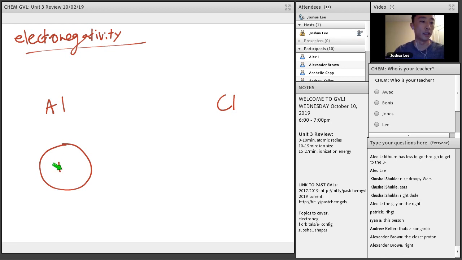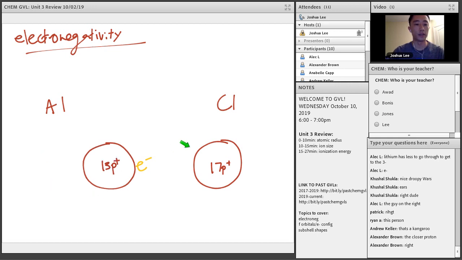Aluminum has 13 protons, and chlorine, similarly, will have 17 protons. So size doesn't matter in this case as much. Granted, chlorine is still smaller, but let's pretend. So here's an electron. It could get about this close, and then this one could get about this close.